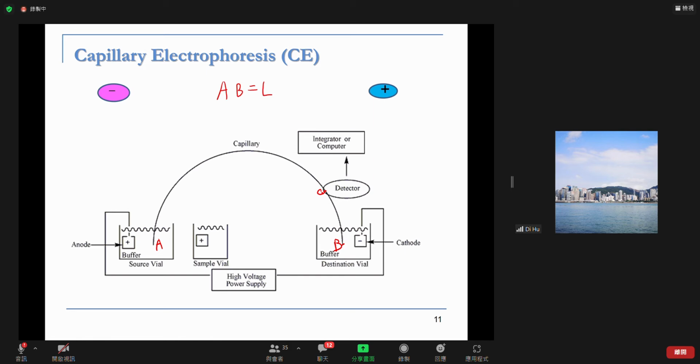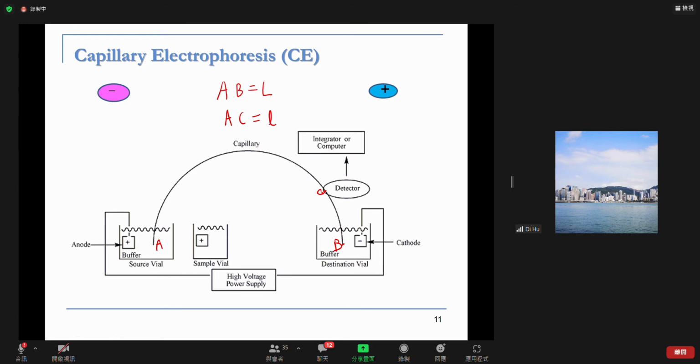However, if we look at the electropherogram for this CE, the total length for the migration from the start point to the detector, which is AC, is the length the ions have traveled to reach the detector.